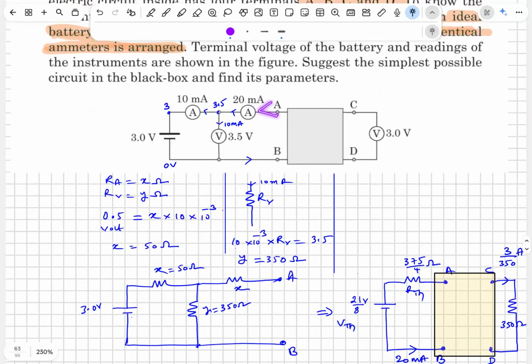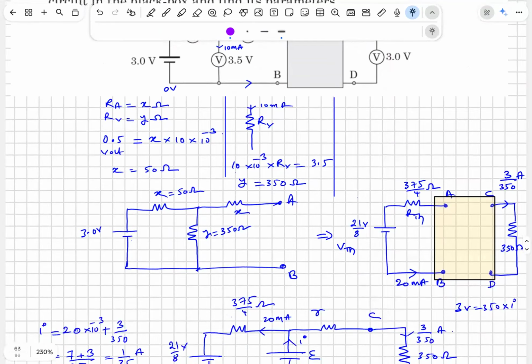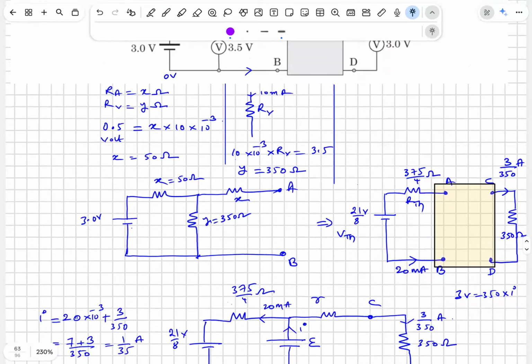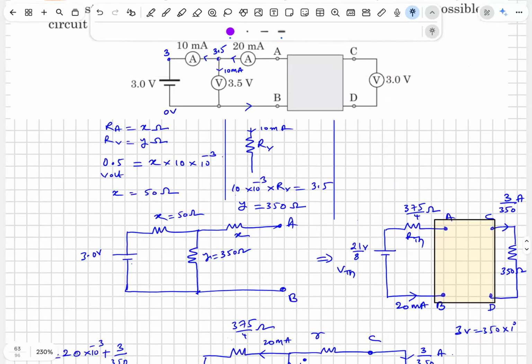Because 20 entering means 20 should enter here back. If I take this as a junction, current entering and leaving must be the same. I have taken this as 0.